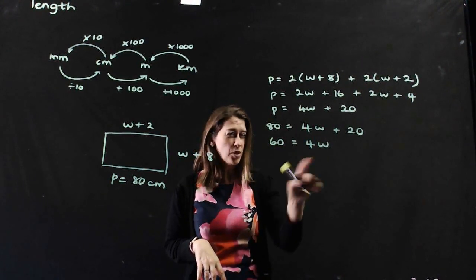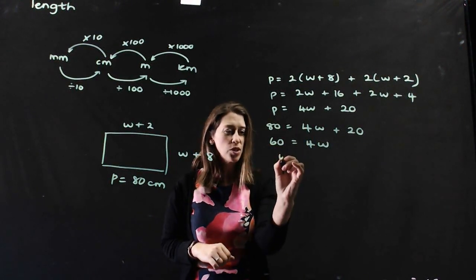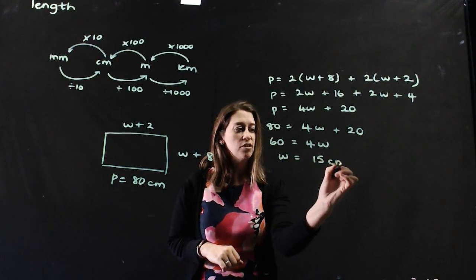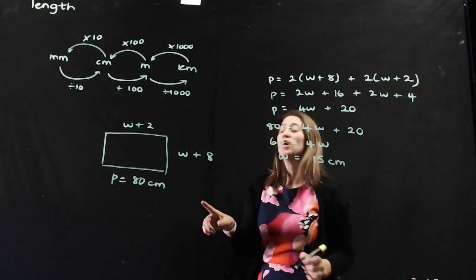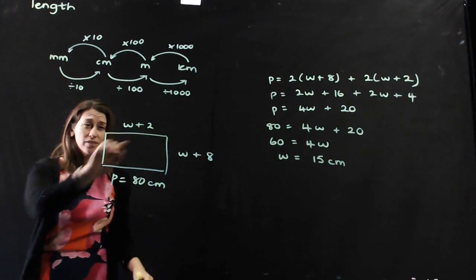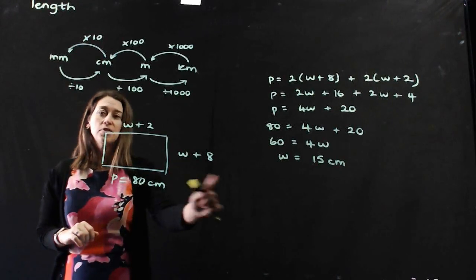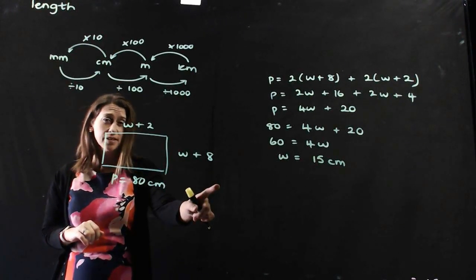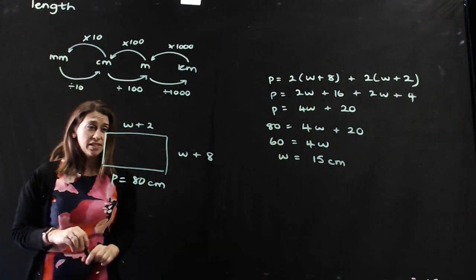To solve for w, I'm going to divide by 4. So w is equal to 60 divided by 4, which is 15 centimetres. I can now work out that the length of this side of the rectangle is 15 plus 2, so 17, and that the length of this part of the rectangle is 15 plus 8, so I'm looking at 23 centimetres.